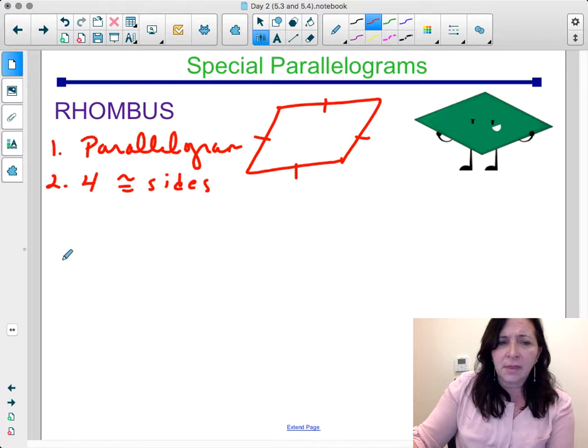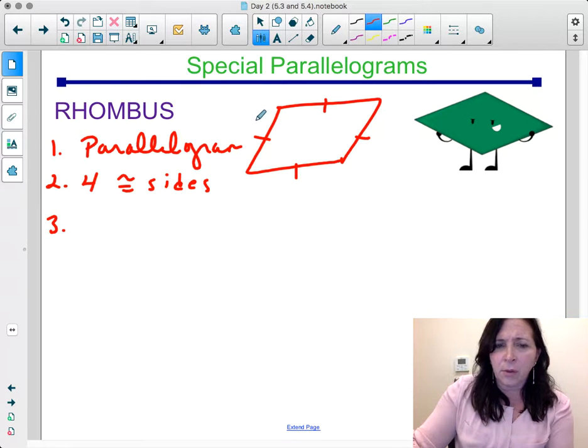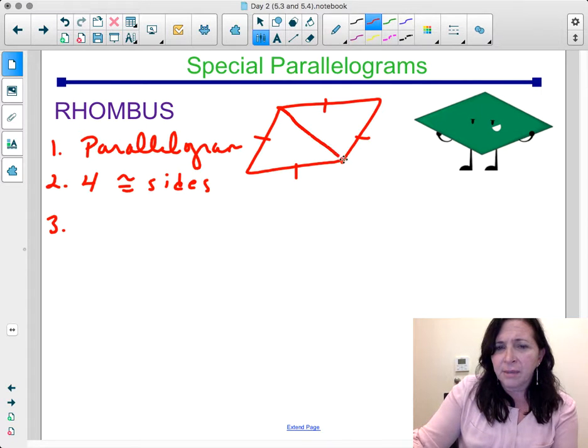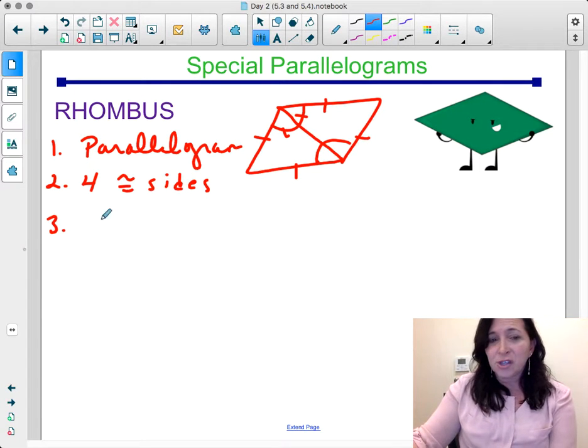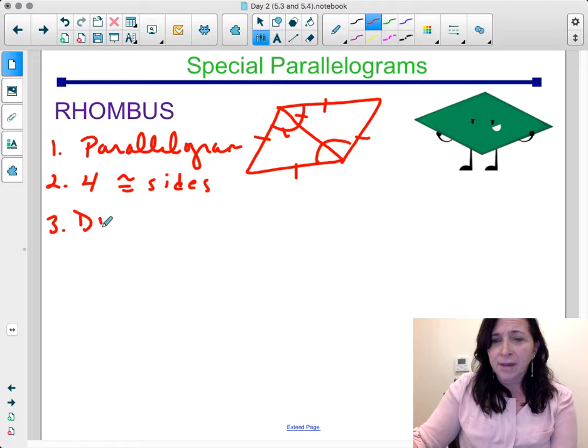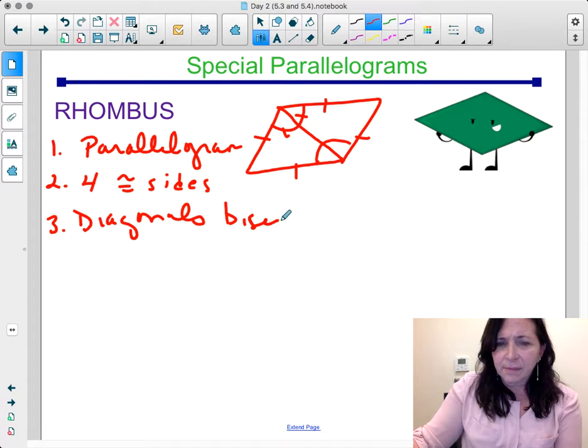Now, number 3, a rhombus also has diagonals that bisect the opposite angles that are already congruent. So you can write the diagonals bisect the opposite angles.